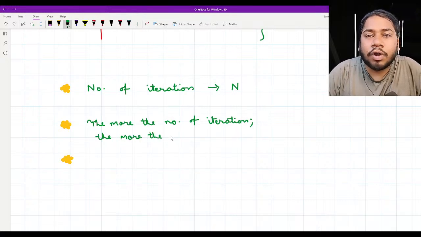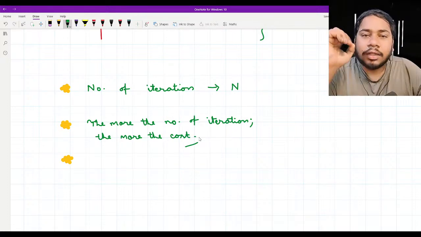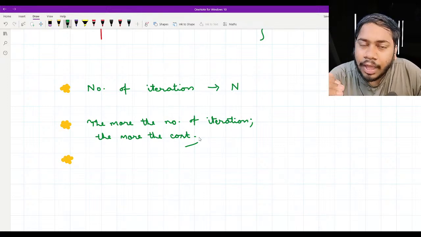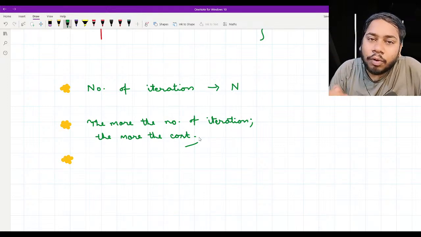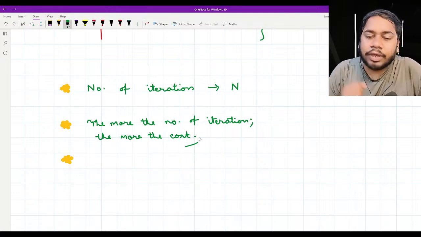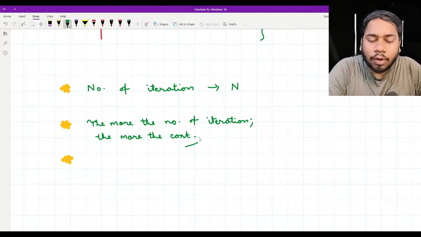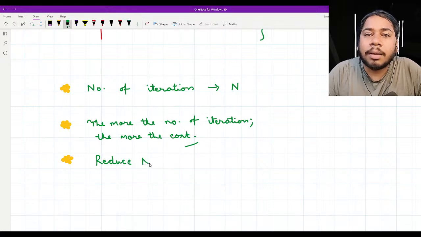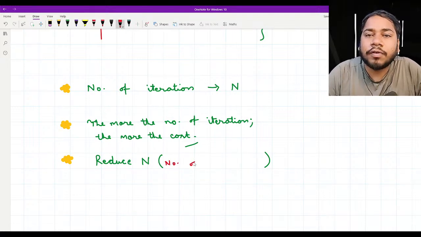Because when writing code, we want the code to be optimized and take less time. If it takes more time, then it is costly, right? So here our motto is to reduce the number of iterations.